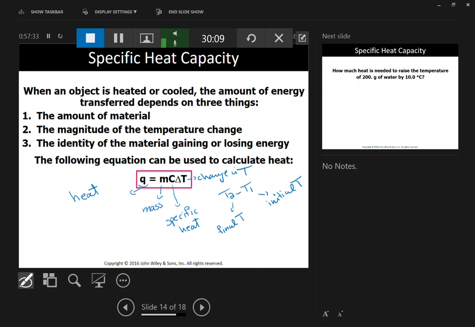It's important for delta T to be T2, final, minus initial, because I'm going to show you later on that the sign of delta T is important and it gives us information. So remember that whenever we're looking at a change, it's always final minus initial. Some textbooks even show this as T final minus T initial.